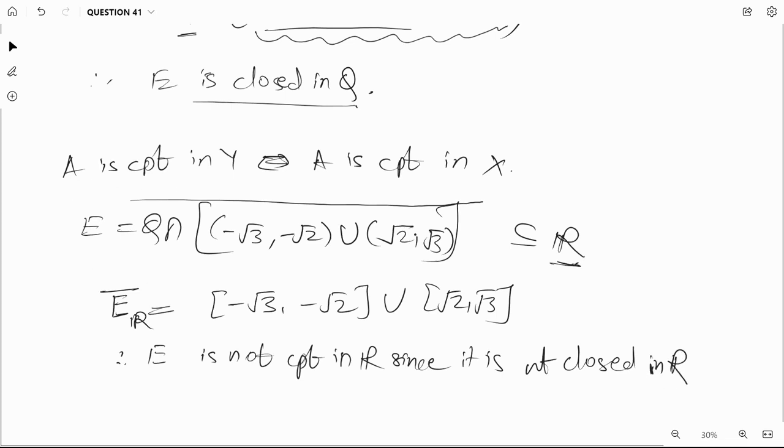So by this theorem, if E is not compact in R, then E is not compact in Q as well. Therefore E is not compact in Q.